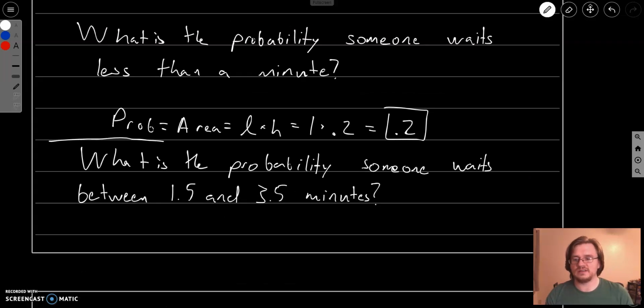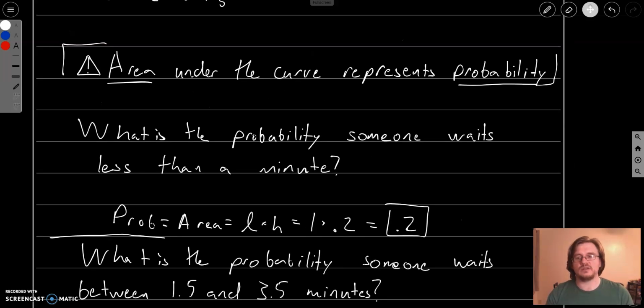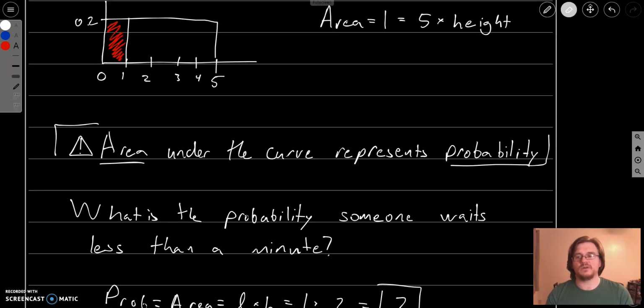What's the probability someone waits between 1.5 and 3.5 minutes? Okay, this one will be a little bit harder. We're looking for the area of the rectangle between 1.5 and 3.5.